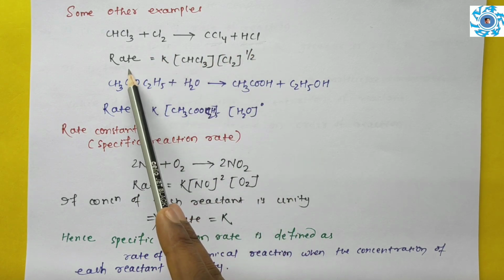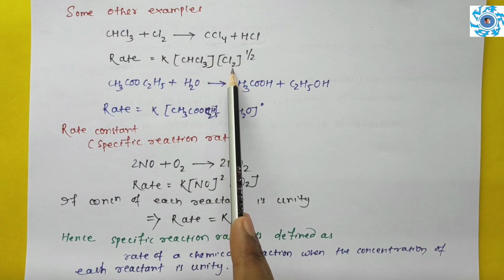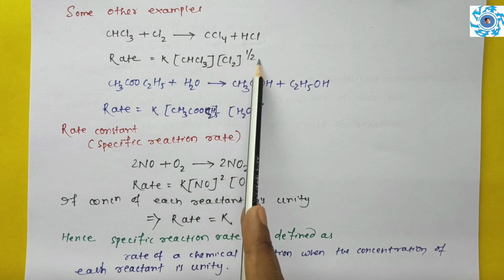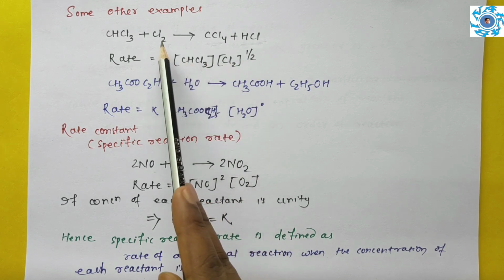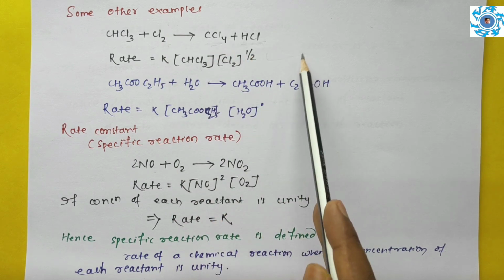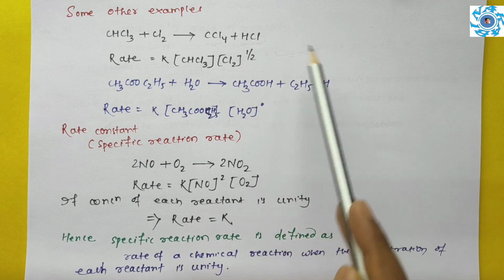So here the rate of the reaction is equal to k into concentration of CHCl3 into concentration of chlorine to the power half. You cannot say it is 1, it is practically determined. So the rate equation is like this.